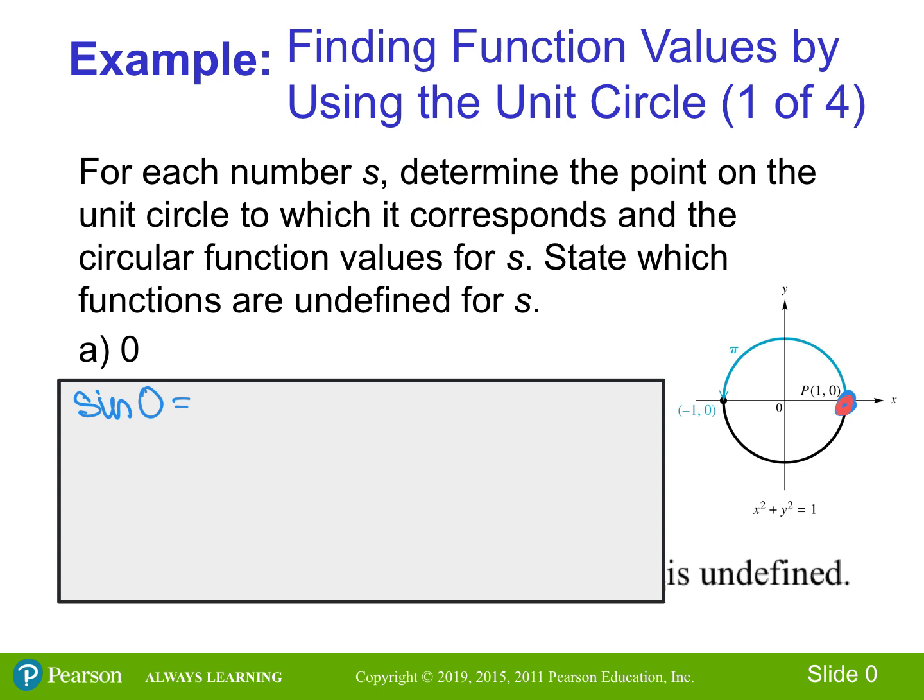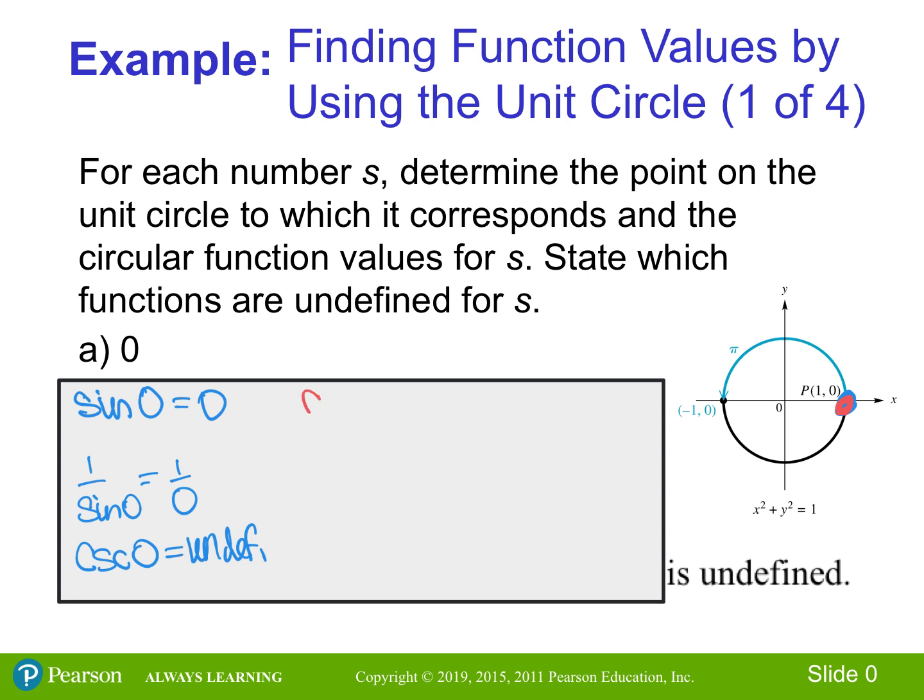So my y value at that coordinate point is going to be 0. I know if I do my reciprocal function, or 1 over the sine of 0, this really gives me 1 over 0. And 1 over sine is really cosecant. So the cosecant of 0 is going to be undefined.